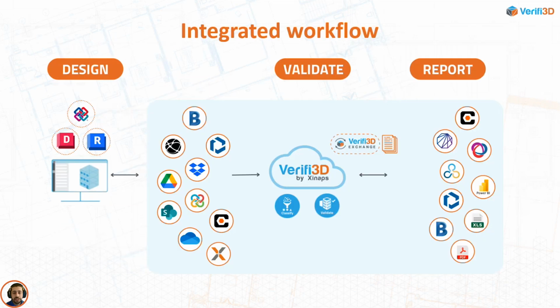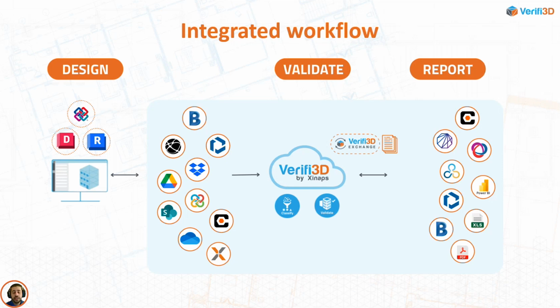So let's start by describing the workflow of Verified. It's an integrated workflow, which means that we start first by having our different file formats, our BIM models. We get them ready, and then we integrate Verified with one of the common data environments that we're integrated with.